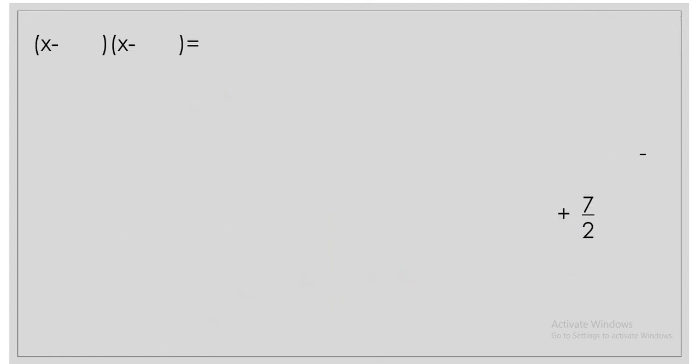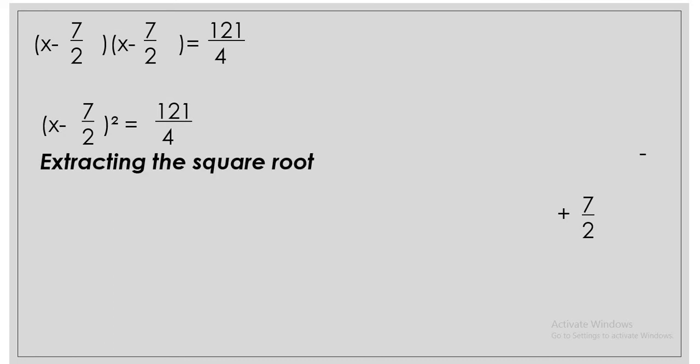So let's continue with our binomials: quantity x minus 7 over 2 and quantity x minus 7 over 2 is equal to 121 over 4. Then we will square the binomial. We have here quantity x minus 7 over 2 squared is equal to 121 over 4.